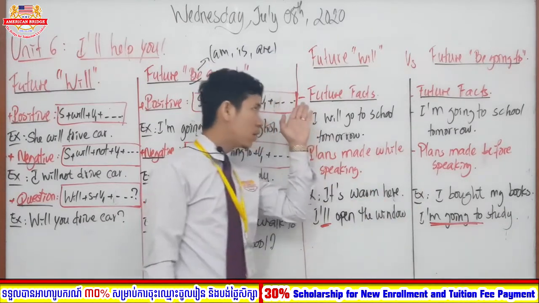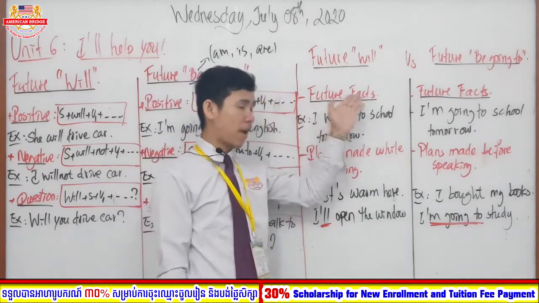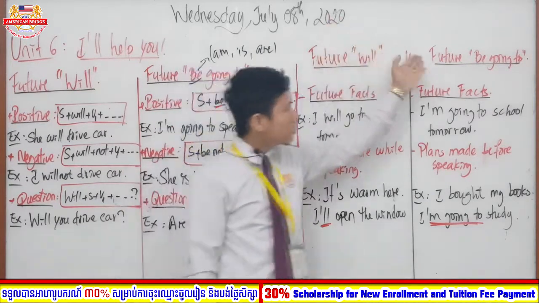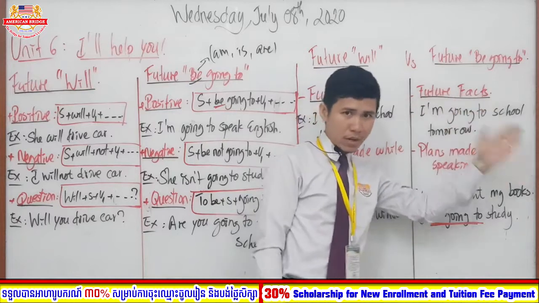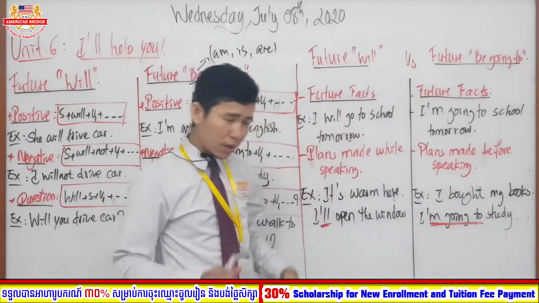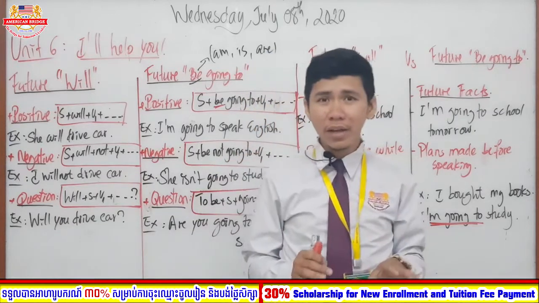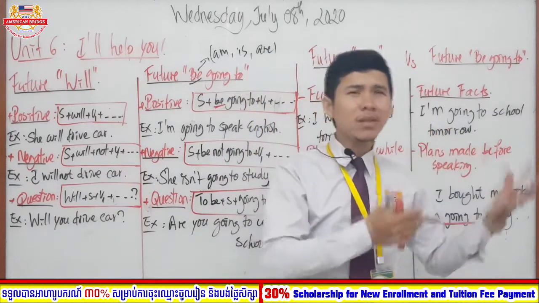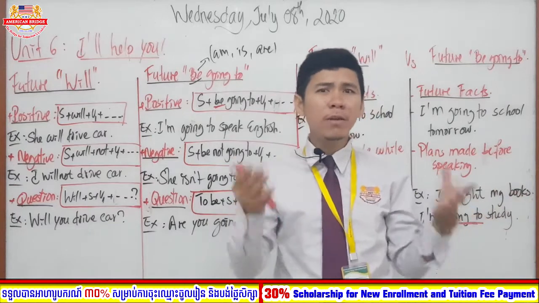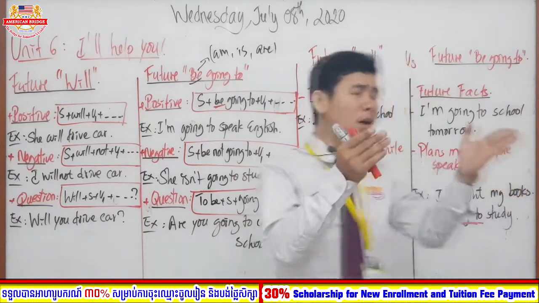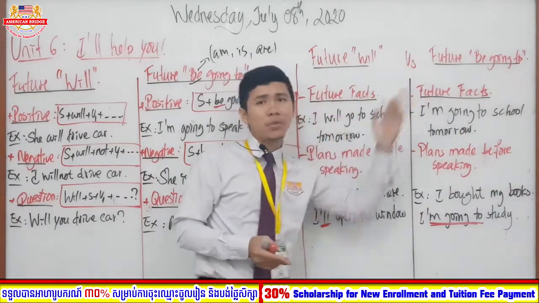So the first one will talk about future facts, and be going to also talks about future facts. So in here, it might be very easy. Do not think it is complicated, okay? You just make a simple sentence with will and be going to. Those sentences will focus on future fact.